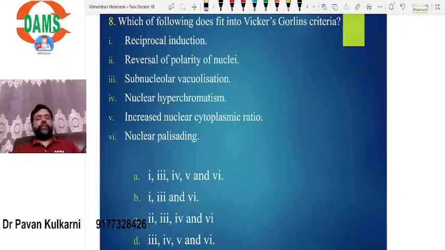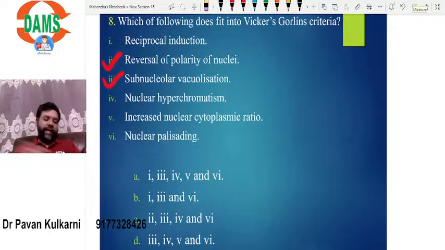Reciprocal induction. What do you mean by reciprocal induction? That means ameloblasts are stimulating odontoblasts, and odontoblasts are stimulating ameloblasts. That is reciprocal induction. That is not a criterion for Vickers-Gorlin criteria. Reversal of polarity of nucleus. Yes, this is seen. Subnuclear vacuolization. Yes, this is seen.